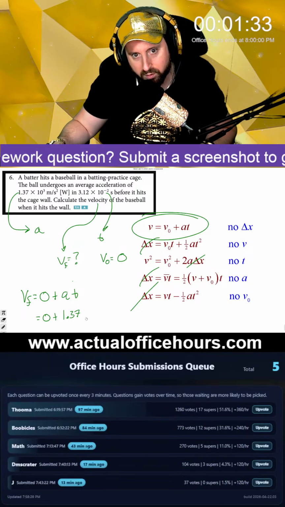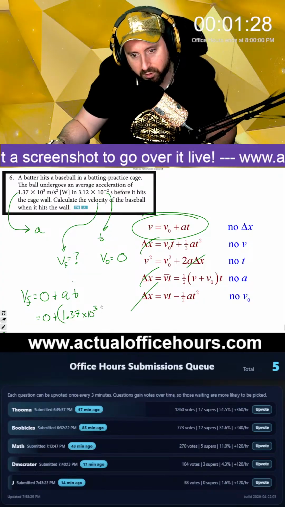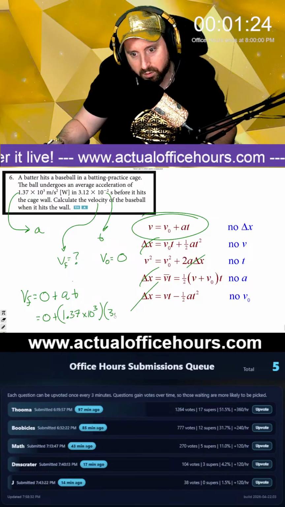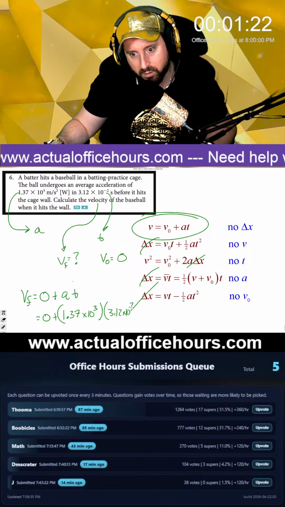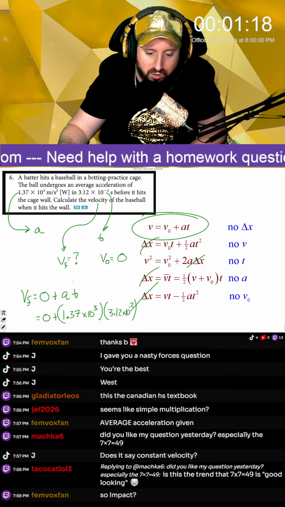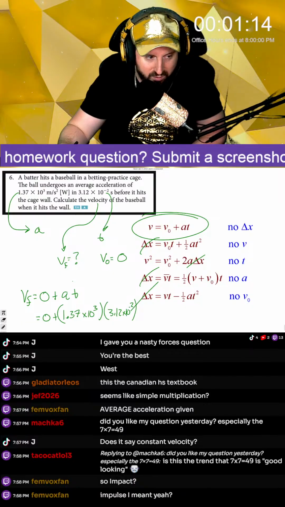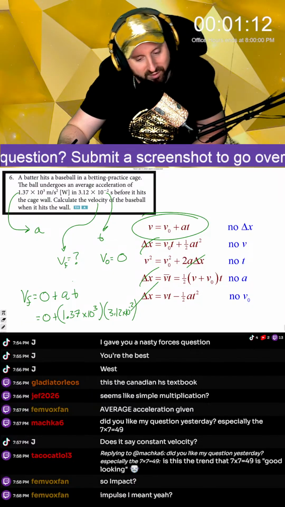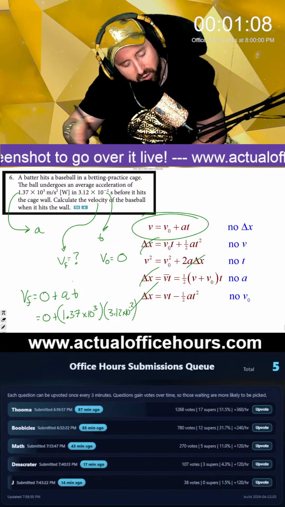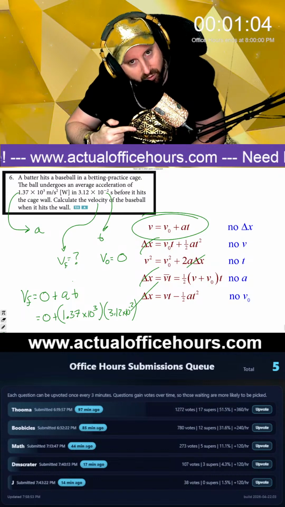Impulse, I feel like you can, but he's thinking about impulse. You could do impulse. Yeah, I feel like the math part of me is like, this is not rigorous. Well, yeah, the issue is, they say an average acceleration. So that means the acceleration is changing from when the ball hits the bat and then when the ball rebounds off the bat and goes the other way.